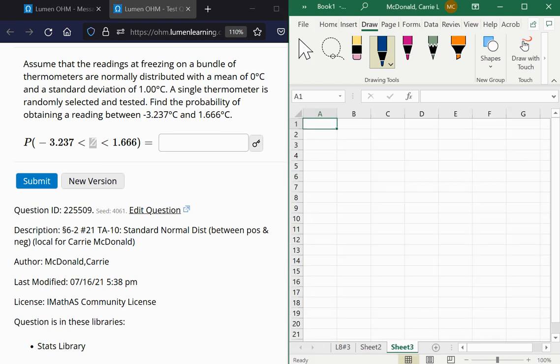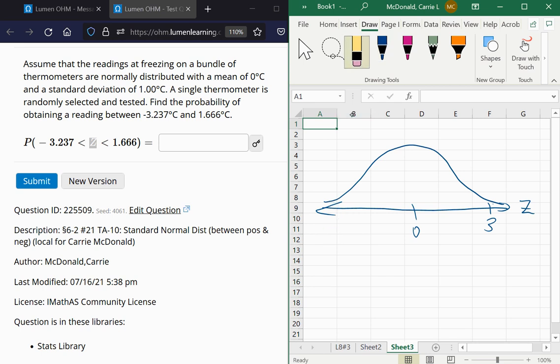And just like before, in the previous question, it can help to see a sketch. I always recommend sketching these things out, even roughly. And this actually goes farther than -3, so I'm going to bring in my boundaries a little bit. All right, so now I'm going to mark the values given in the problem.